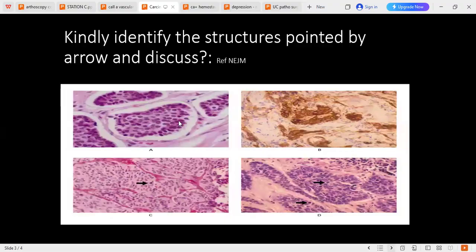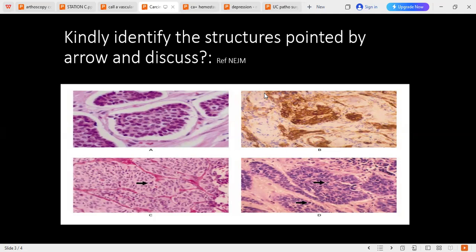Would you be able to look at the carcinoid image and please explain what you are looking at? This is a histological slide. On A, on the outside there is basement membrane.